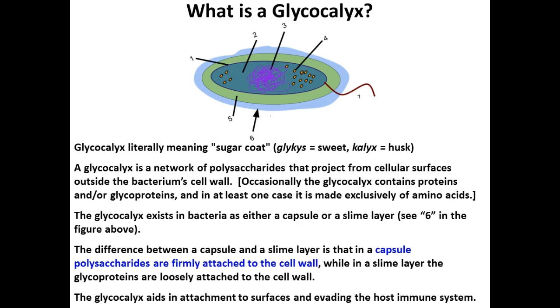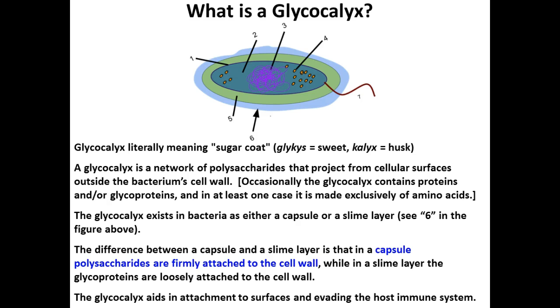Why is this a good structure for bacteria to have? And in fact, we're even going to look at a eukaryote today that also has this capsule structure. They aid in attachment to surfaces. This is particularly important for pathogenic organisms, to be able to stick.